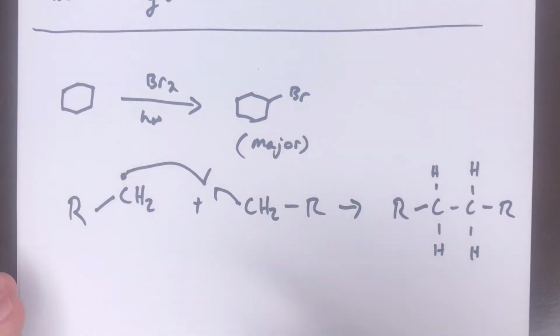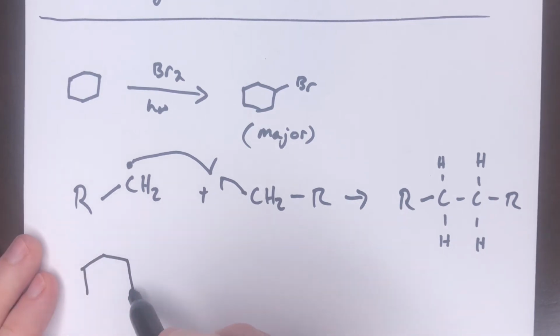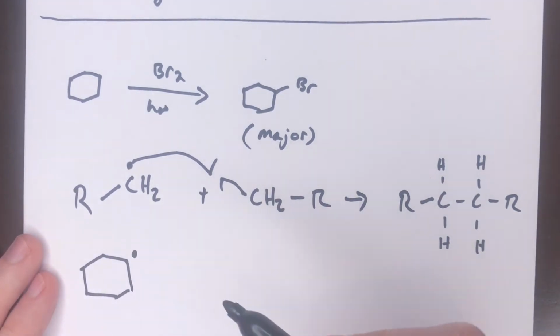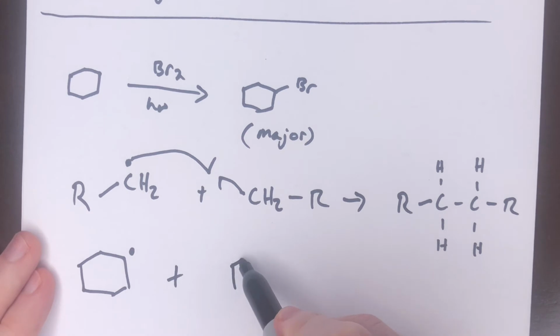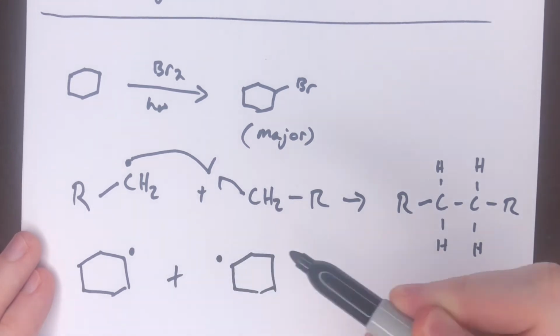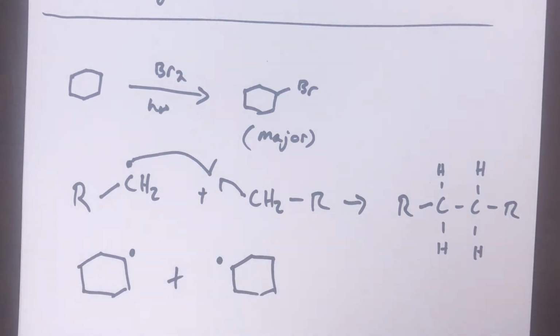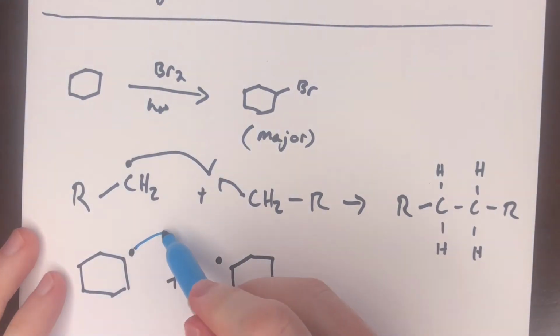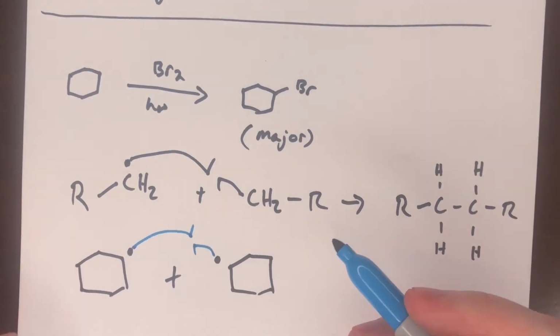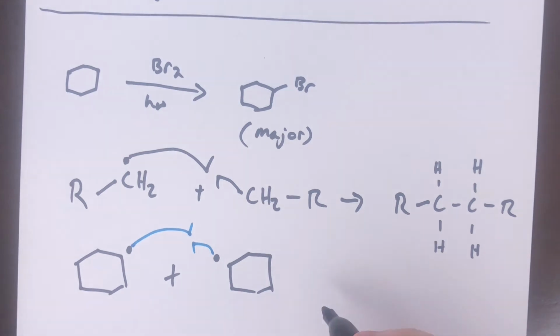So the termination step is simply going to be this radical plus the other cyclic radical, and then you create the bond from those 2 electrons.